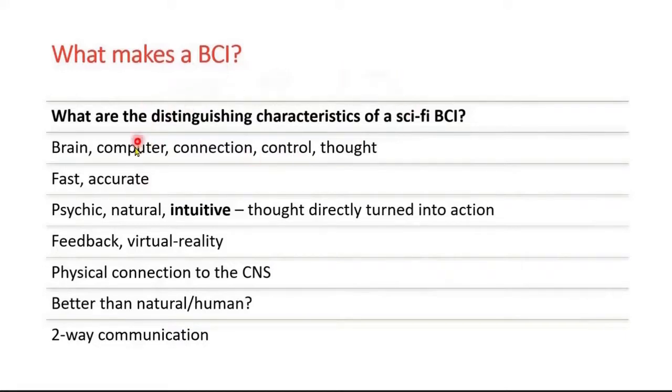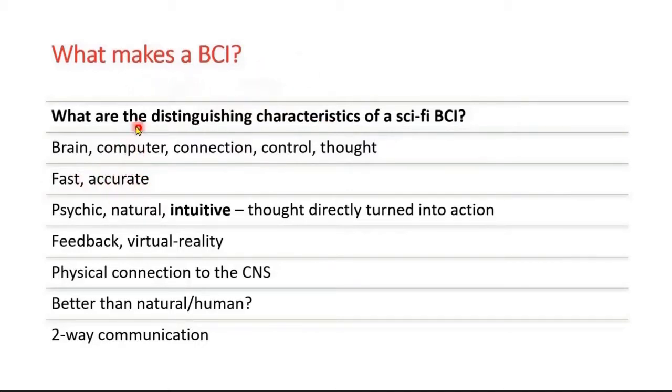What we have is the human brain, and some external computer applications, or the computer itself, with some connection and control, and the brain involves thought. In those idealized science fiction BCIs, they are very fast and accurate. Fast in terms of translating human thought into control applications, so we can control an exoskeleton very fast and with very high precision and accuracy.